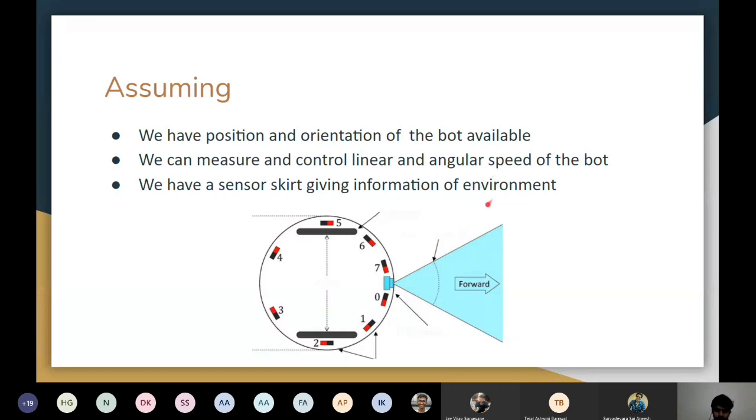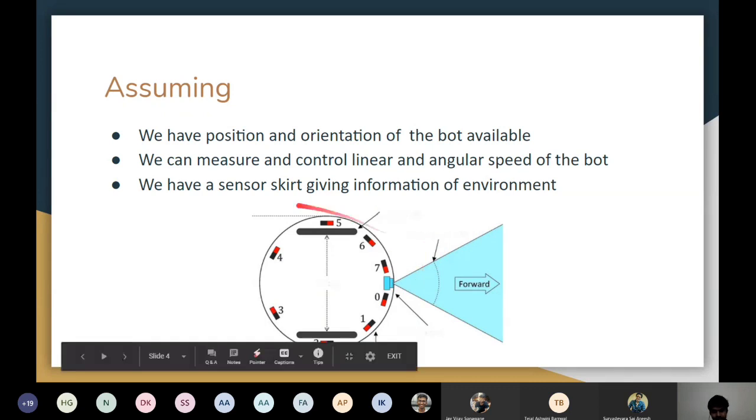Okay. Next is we need to know about the obstacles that will come around us. So for that, we need a sensor skirt. Sensor skirt means a bunch of sensors mounted around your robot to sense obstacles or various different things. Okay. So this 1, 2, 3, 4, 5 I'll call the sensor skirt, which is sensing the obstacles.